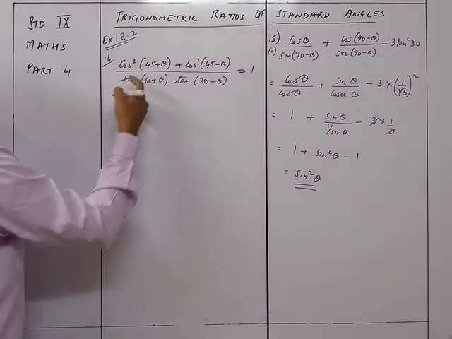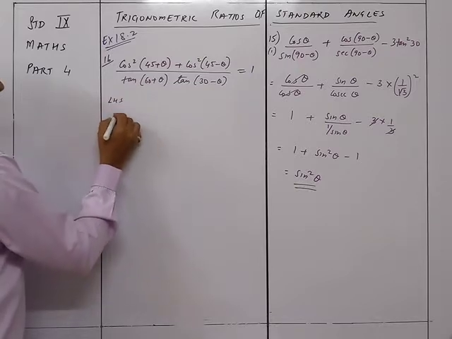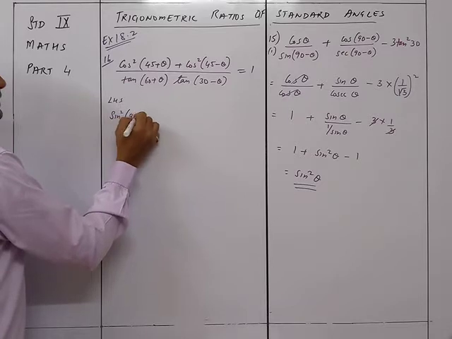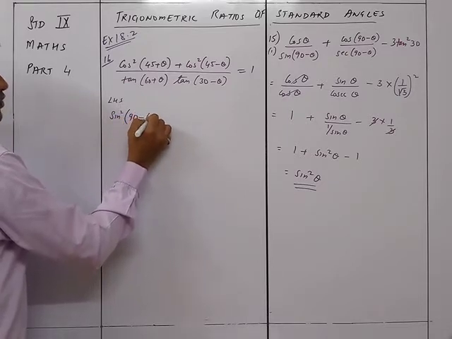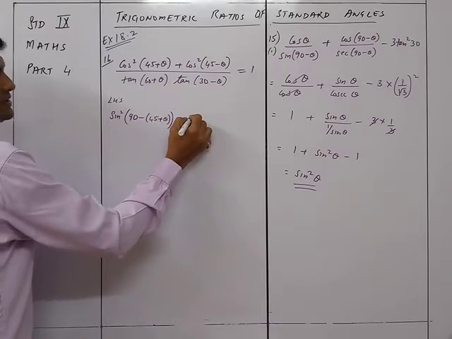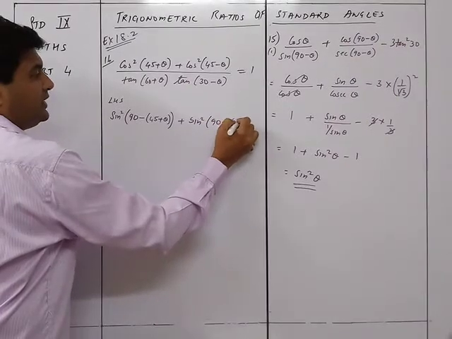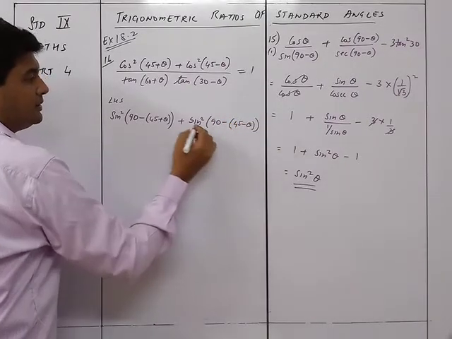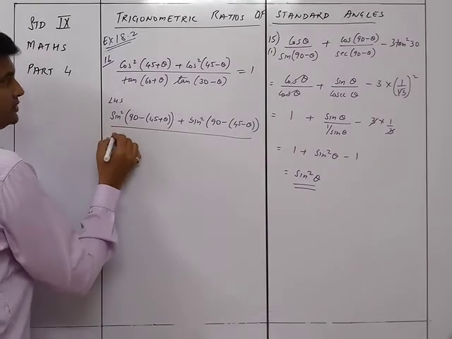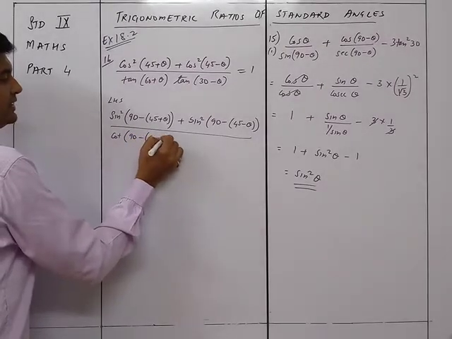So here what we'll do is that we'll take this as LHS. So we say sine square 90 minus 45 plus theta plus sine square 90 minus 45 minus theta upon, tan becomes cot, so it will be cot 90 minus 60 plus theta.